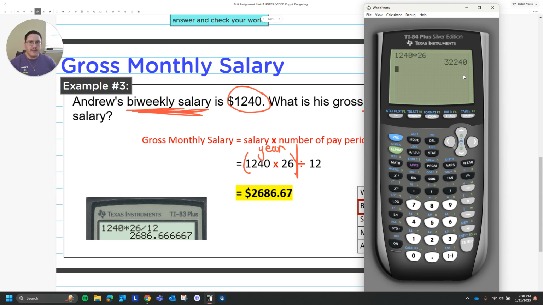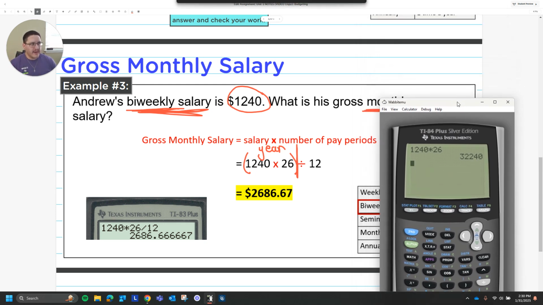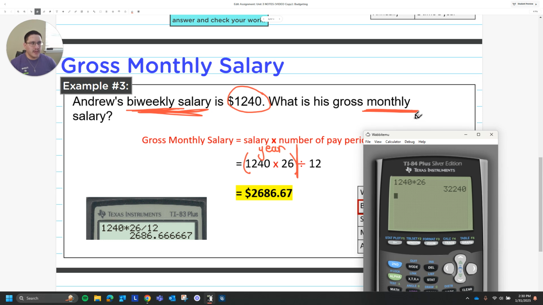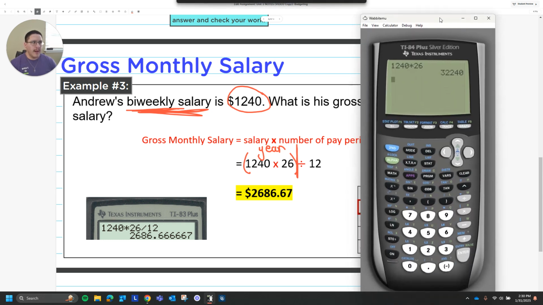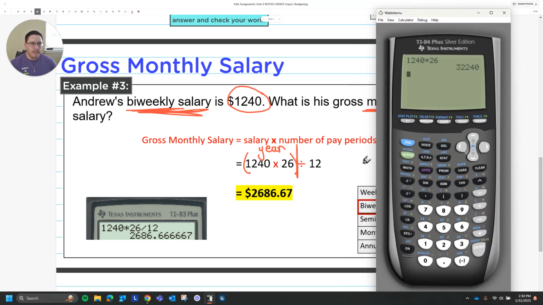Then I'm going to divide it by 12 because it asks for the monthly gross salary. What is Andrew making monthly? So divide that by 12 and we get 2686.67 per month for the monthly salary.